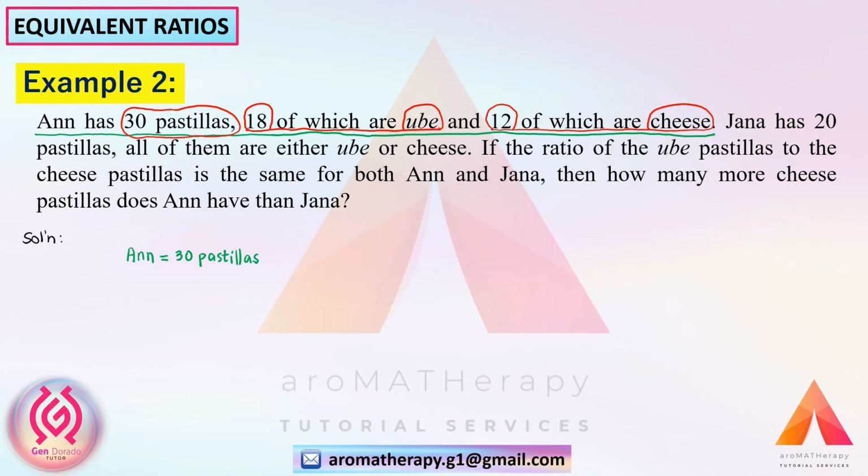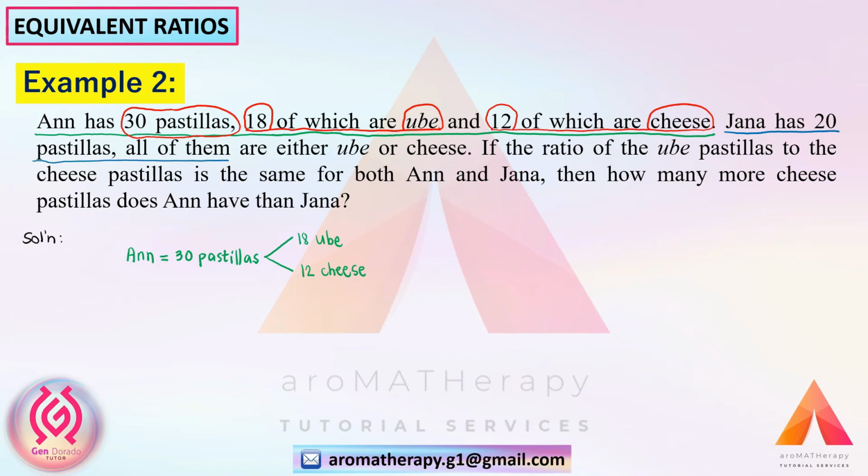Next, so we write the given. Sa 30 pastillas, merong 18 na ube at 12 na cheese. So, 18 plus 12 is equal to 30. Sakto? Tama? Okay, next. Jana has 20 pastillas.